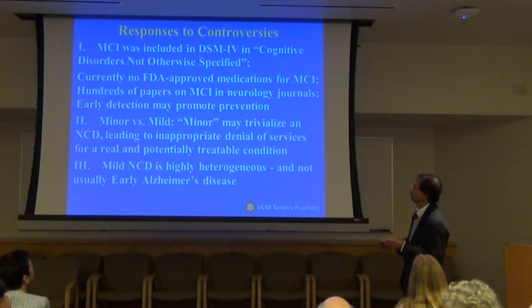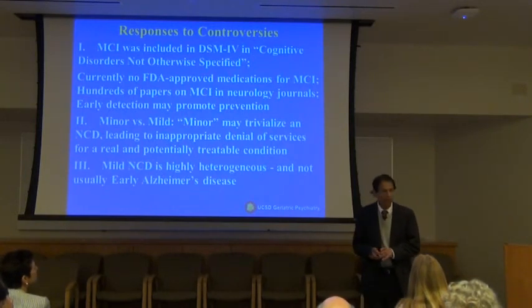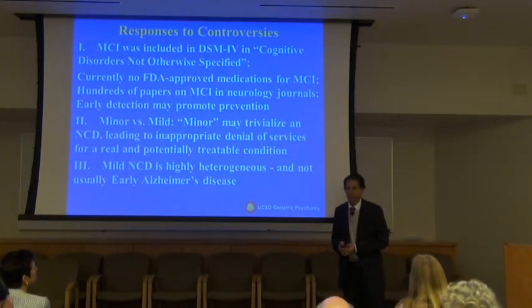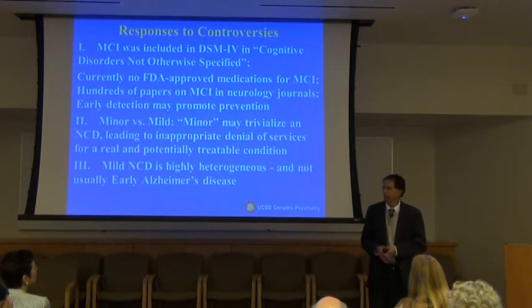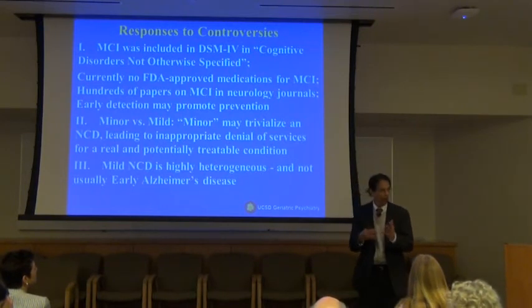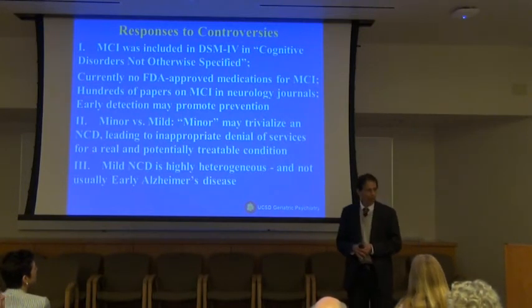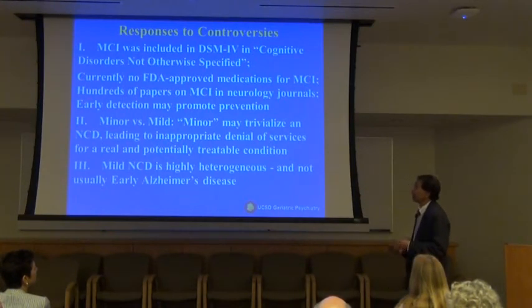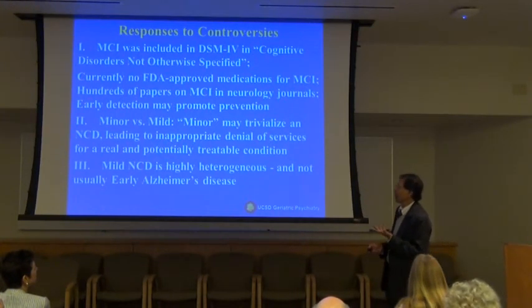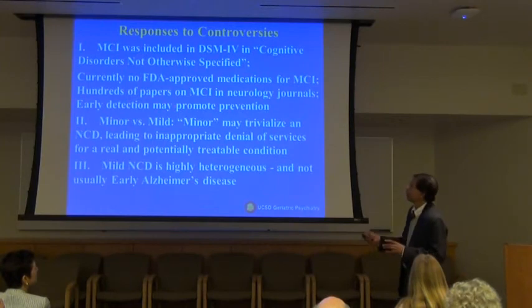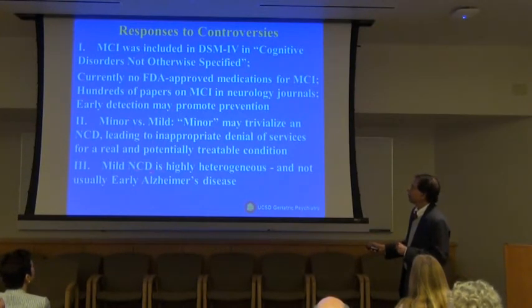We thought of stage 1, stage 2, as is done in, for example, bipolar 1, bipolar 2, or in hypertension, also there are stages. But we realized that most people would not be able to do that. So we use mild. And lastly, why not early Alzheimer's disease?